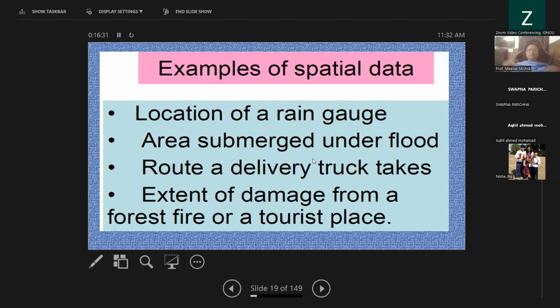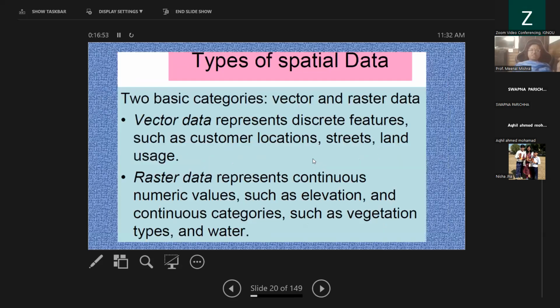When you talk of some submerged area under flood, this area is referred to as spatial data. When you talk about the route a delivery truck takes, again it is spatial data. When you talk about damage by forest fire or some tourist place, again it is spatial data.